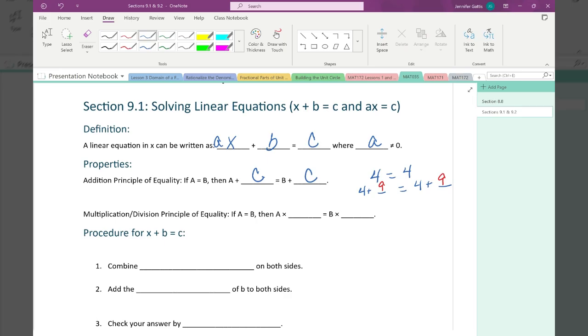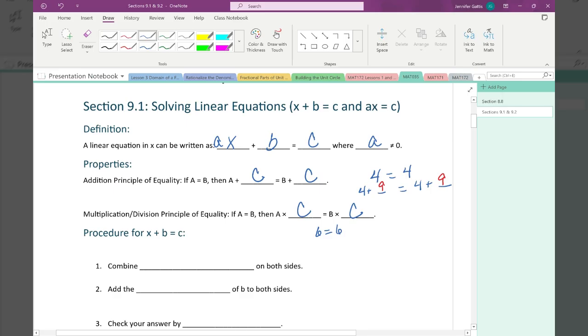And the multiplication and division principle of equality tells us that if A and B are equal, then we can take these and multiply them by the same number. So again, consider, we've got 6 equals 6, right?